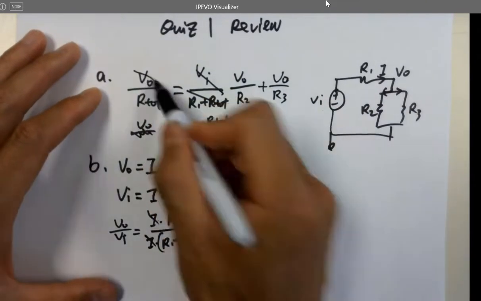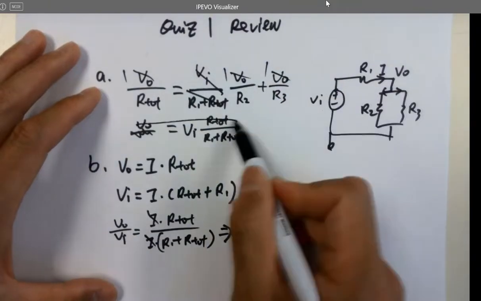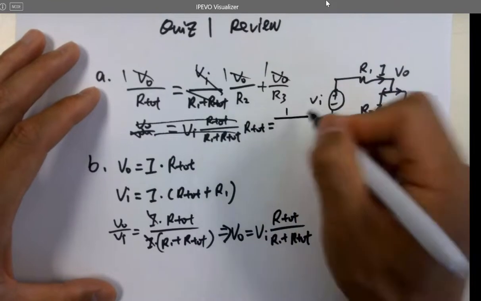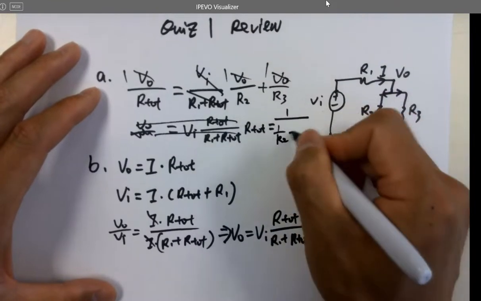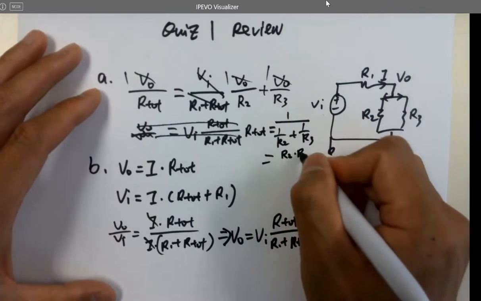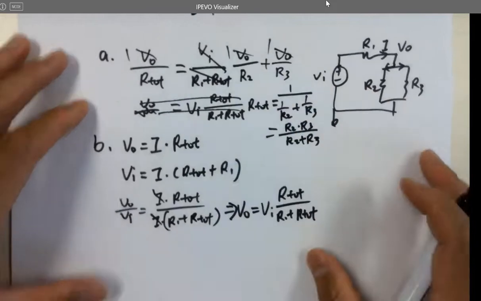Right, and then cancel VO here. So you can find out our total equals 1 over... okay, so that's the solution.